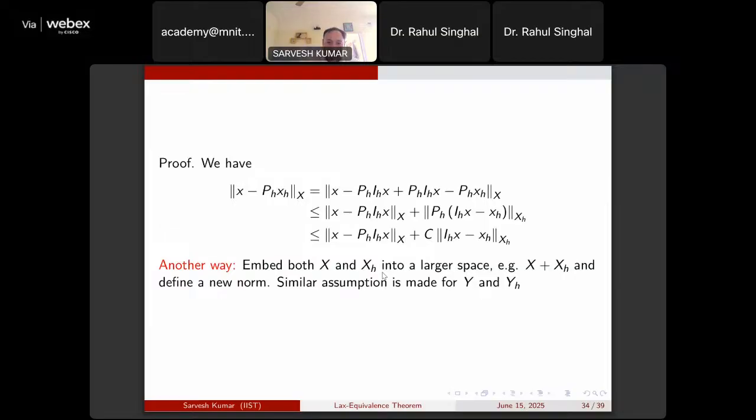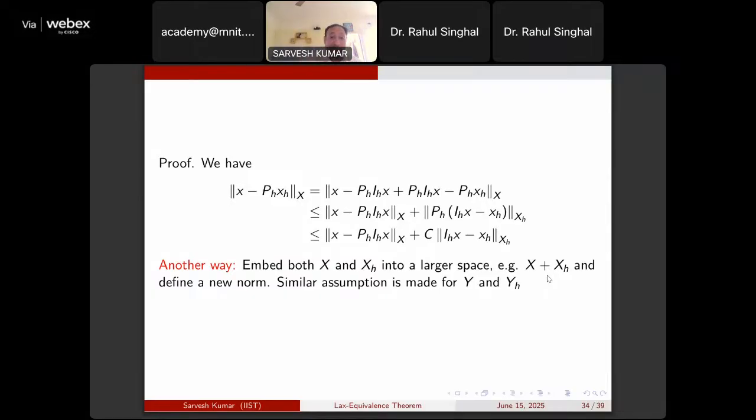So the idea is you enlarge to some other space, and call that space, let's say, X plus XH. Now do all the analysis in the X plus XH space. Similarly, I can do with Y and YH. That's the idea we follow in the finite element method. You just enlarge the space and then work with that.